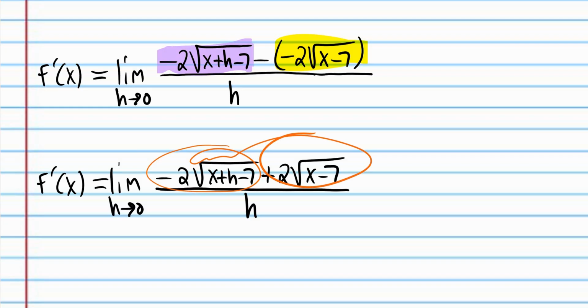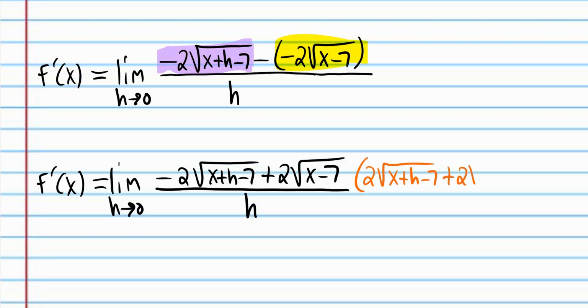How do we do this? Well, I believe that both of those methods would actually work. I think it's easier to just change this to a positive number, but you could make both of these negative and you would still find the derivative function, but it's going to be easier just to deal with positive. So I'm going to make this first expression positive. I'm going to give it a positive sign.